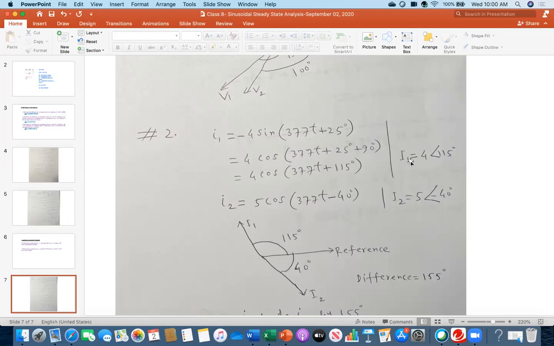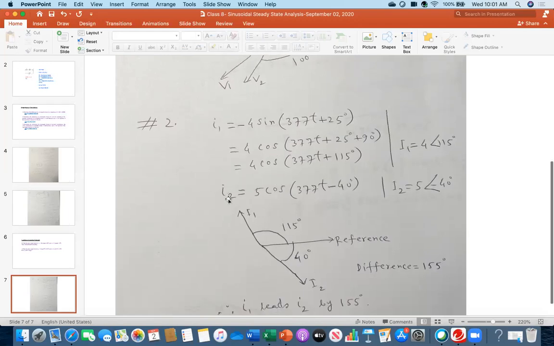That's why again I have written in phasor form, I1 is 4 at an angle of 115. And then I2 was this number, 5 cosine of 370 minus 40 degree. There is no issue here because it is already in cosine. There is no minus sign, so I am fine. So that's why I am expressing this one in polar format.